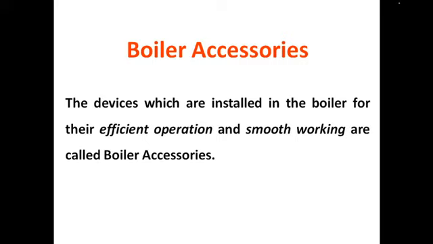Boiler accessories are the auxiliary plants that are required for a steam boiler for its proper operation and for the increase of efficiency. So basically, boiler accessories are used, first, for smooth working, and second, for efficiency purposes.